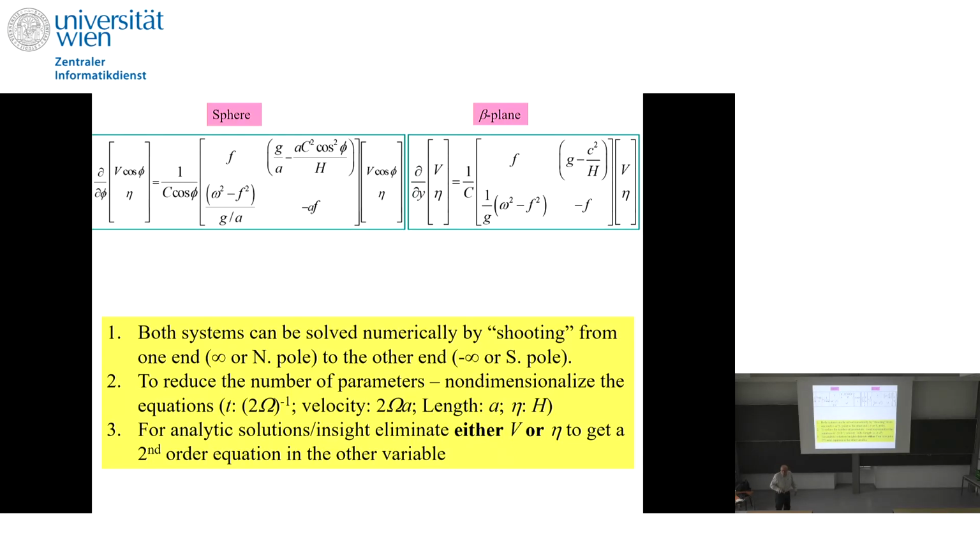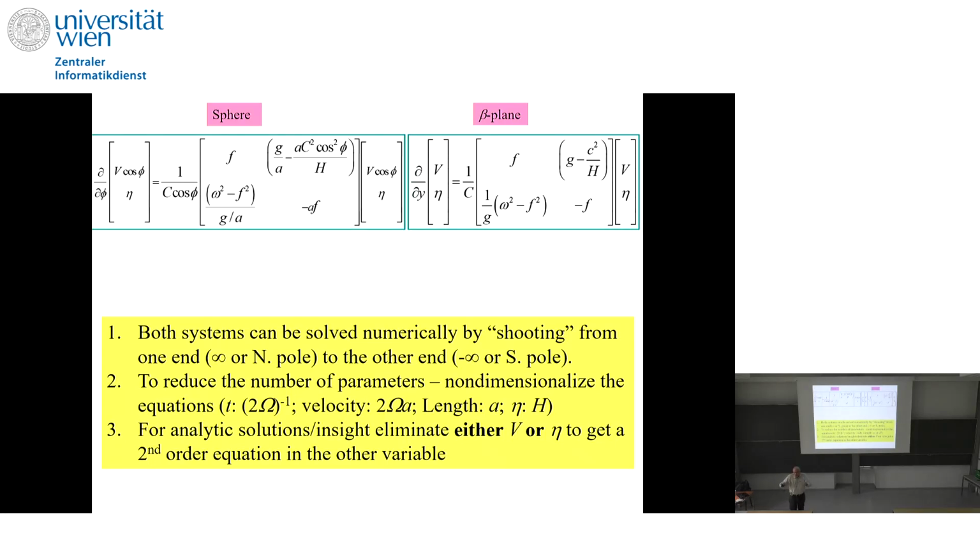The point that has to be stressed even now is that while here in this system, in Cartesian coordinates, it makes sense to eliminate eta and obtain a second order equation for V, because in order to close the differential problem we have to impose boundary conditions.